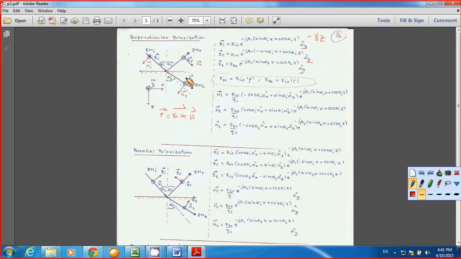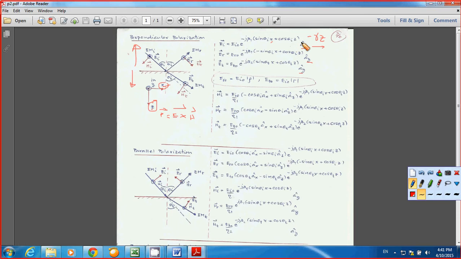But the electric field has only the y component, while the direction in which the electromagnetic wave propagates is in the plane of x and z.